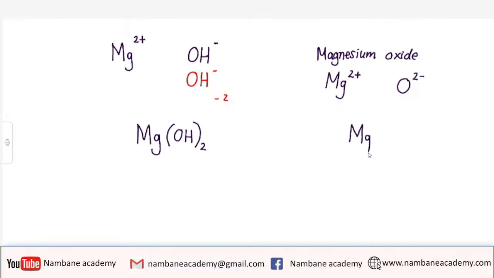Mg, no need for brackets, O. You only put brackets when you're having 2 capital letters. That's sometimes how I'm also teaching them. So this one is magnesium hydroxide, right? And this one is magnesium oxide.